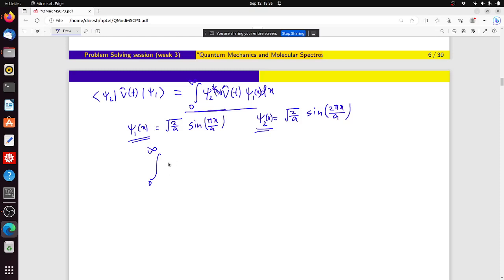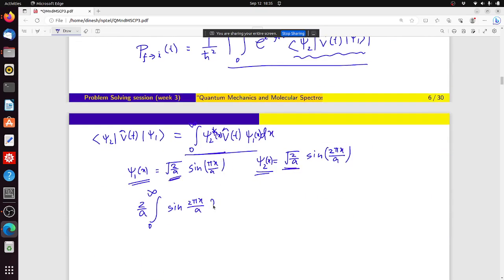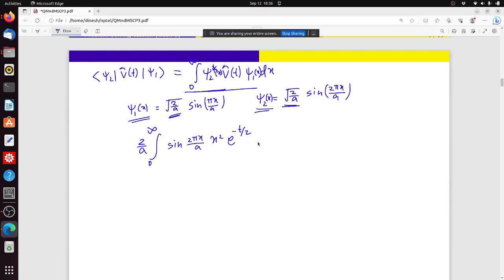Psi of 2 is this. These constants I can take out as 2 over a, then sin 2 pi x over a. V of x is x square e to the power minus t over tau. Then psi of 1 is sin pi x over a.